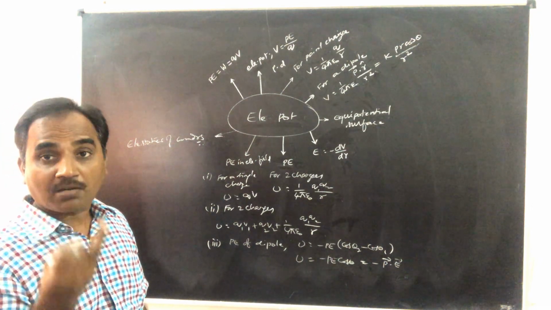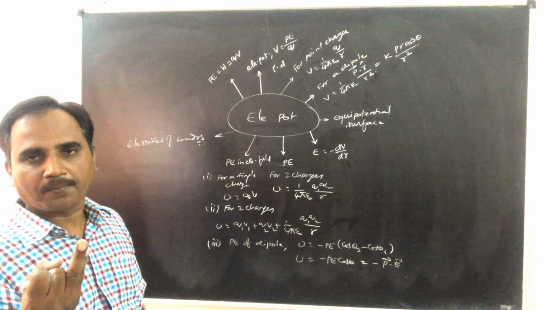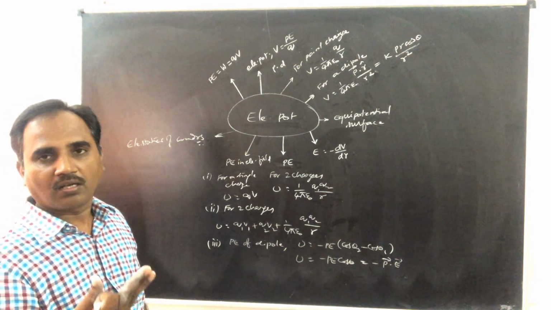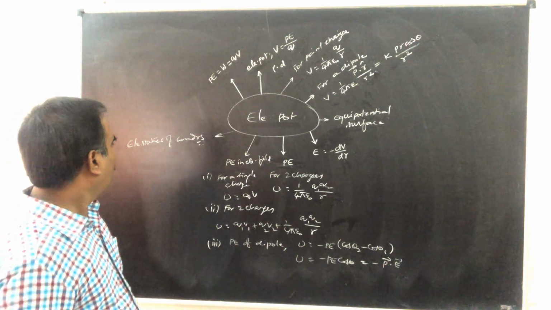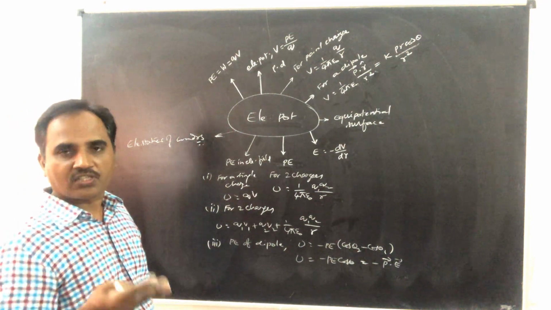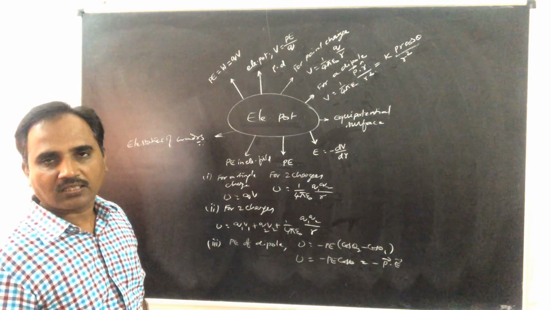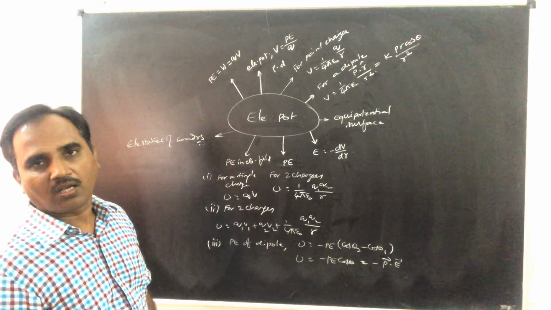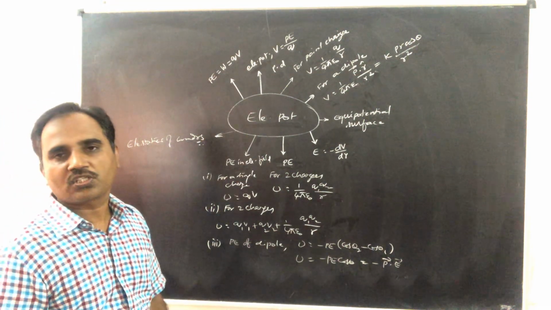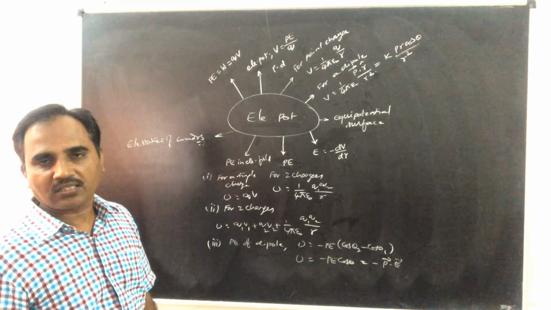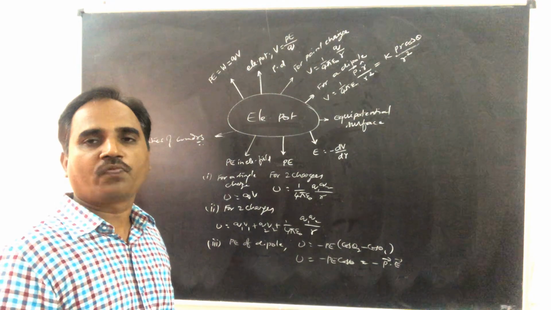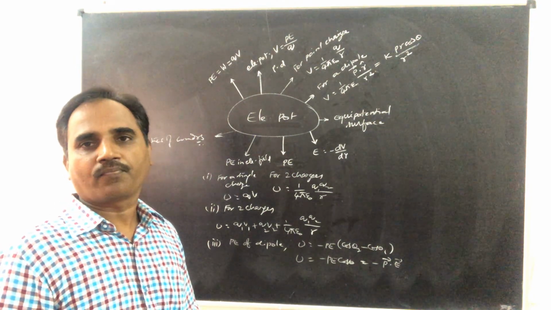Electric field is normal to the surface of the charged conductor. Electric potential is constant inside, and there is no net charge inside the charged conductor. Next, E is equal to sigma by epsilon naught, and also these charged conductors are conductors in presence of electric field. They can be used for electrostatic shielding.